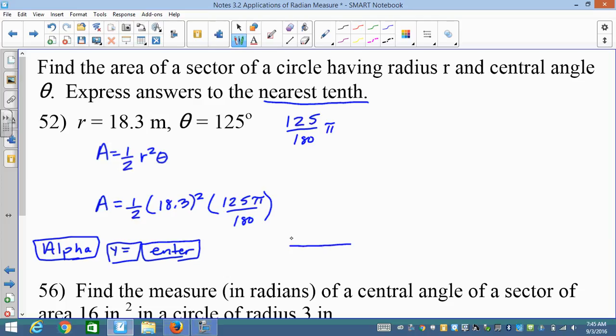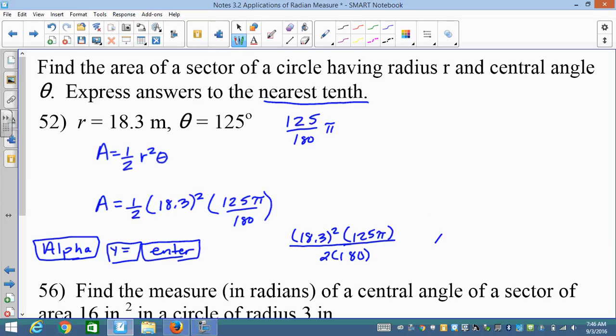And then you'll just put in 18.3 squared times 125 pi. And on the denominator, you will put 2 times 180. Now, if you threw this in the calculator, this times this divided by this times this, it will divide by 2 and then multiply by 180. So you've got to be really careful. Use that fraction bar so you don't make silly mistakes.